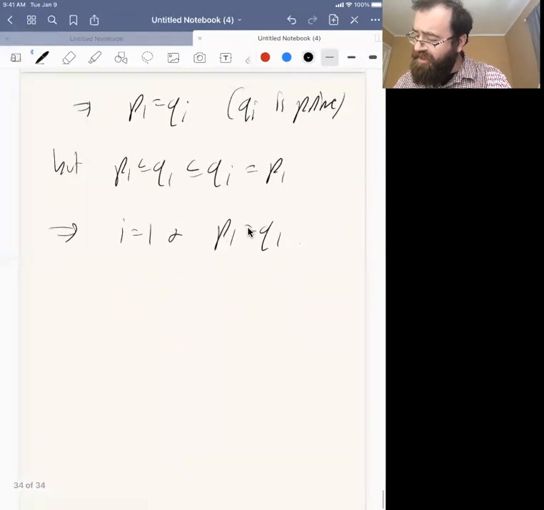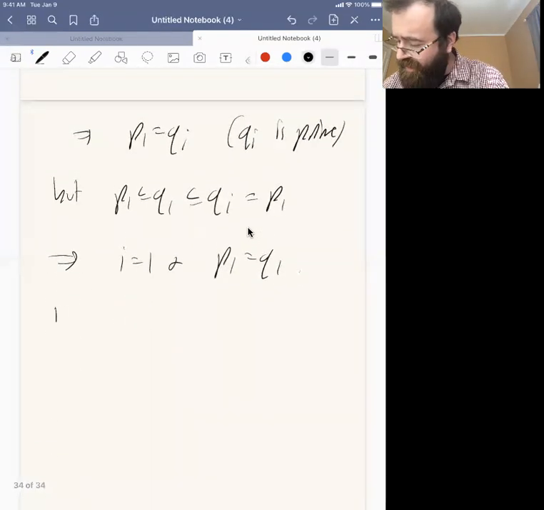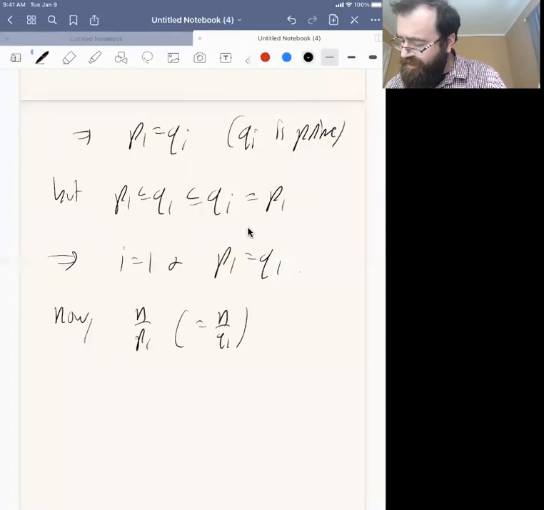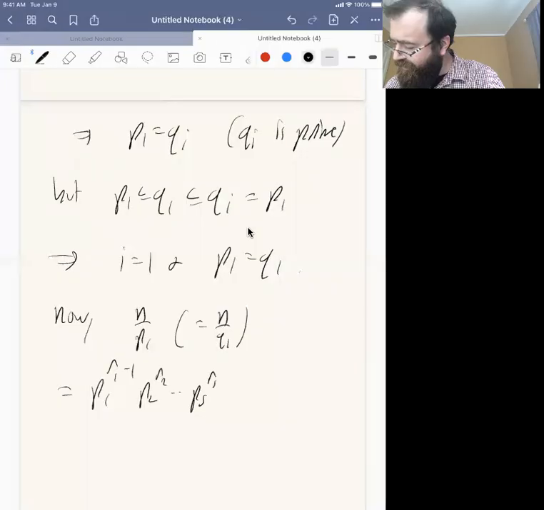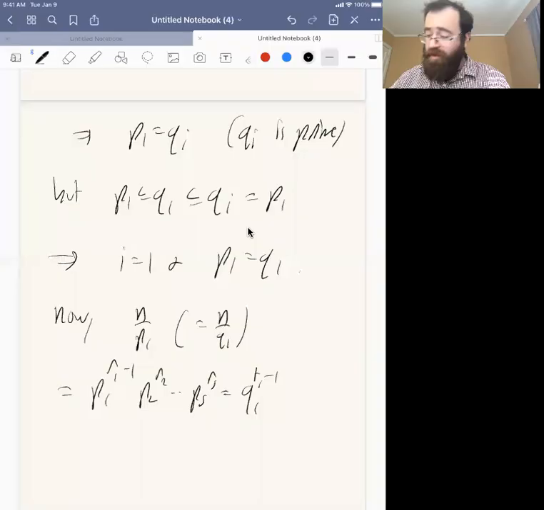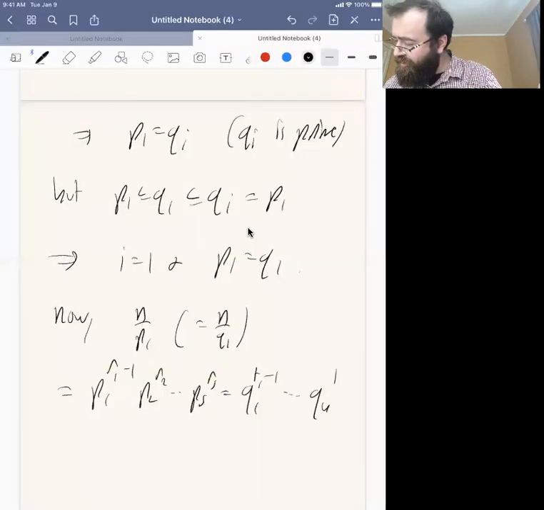So now I can replace n. So now is where I use the induction. So now n divided by p1, which is n divided by q1, satisfies the following: it is equal to p1 to the r1 minus 1, p2 to the r2, through ps to the rs, which is q1 to the t1 minus 1, because p1 is q1, through qu to the tu.